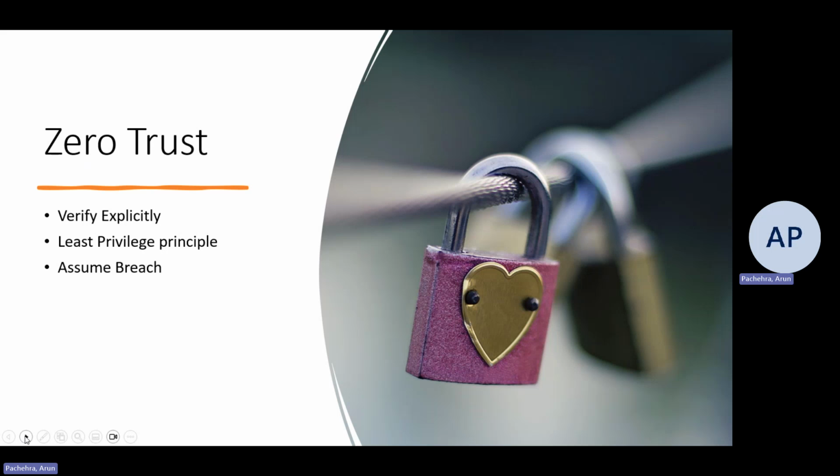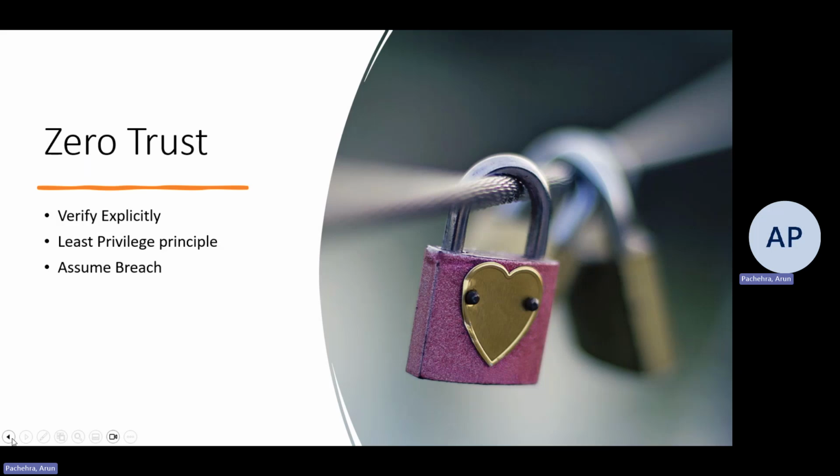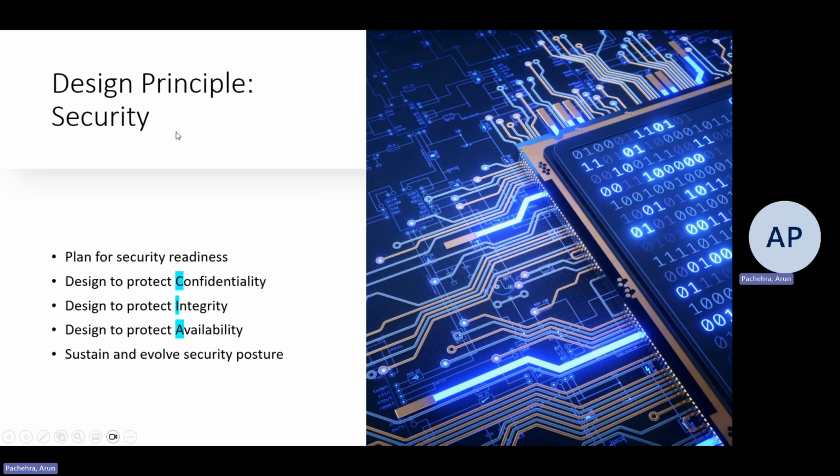And now it's time to understand the design principles. And that's why, because of this color, you can easily understand why I was talking about these two things, because this is what we are after for Well-Architected Framework security. And these are the principles that Azure WAF provides us.